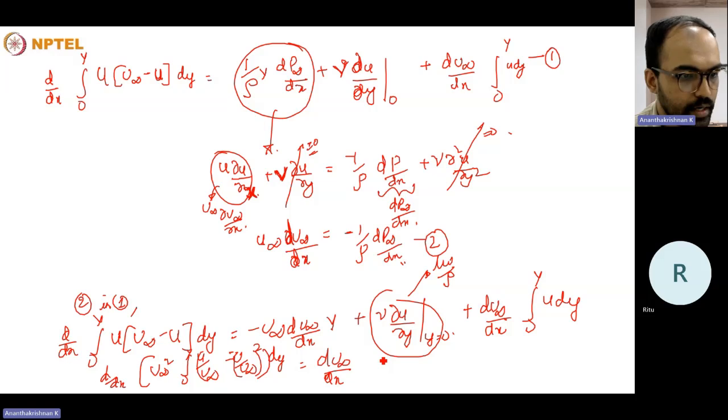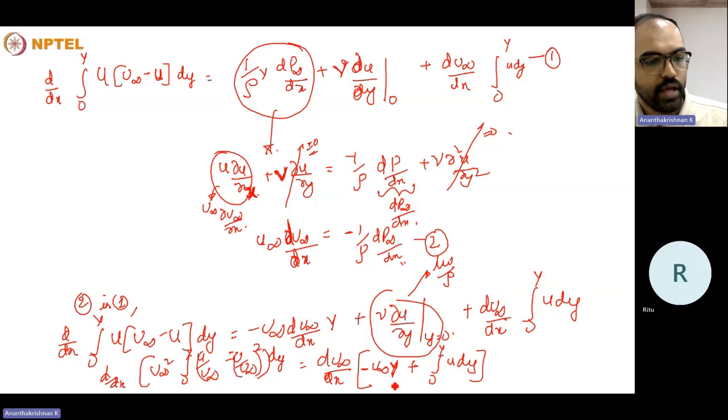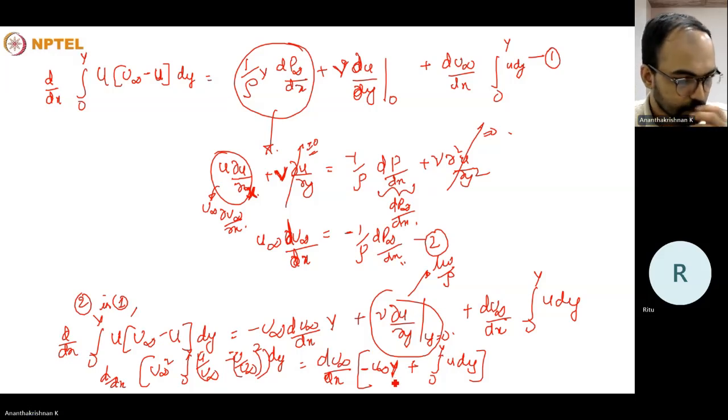So that will give us dou u infinity by dou x times minus u infinity y plus the integral of 0 to y u dy. This y can be represented as the integral of 0 to y 1 dy.